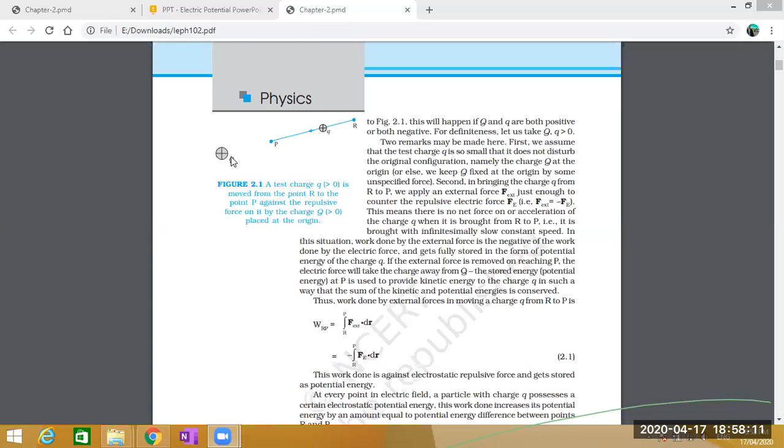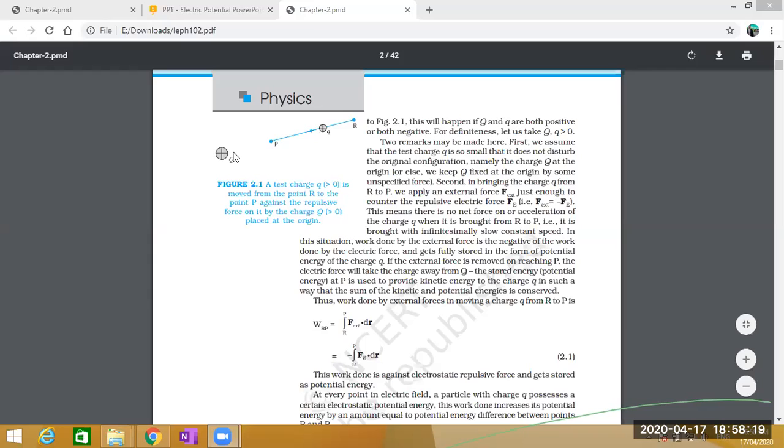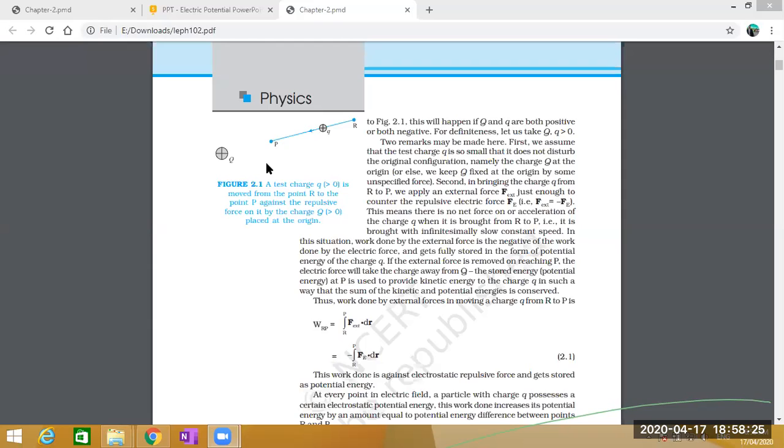Now let us check. So far we have discussed that while bringing a test charge Q from infinity to a point near the source charge, we have to do work against the repulsive electrical force, and that work done is stored as electric potential energy.